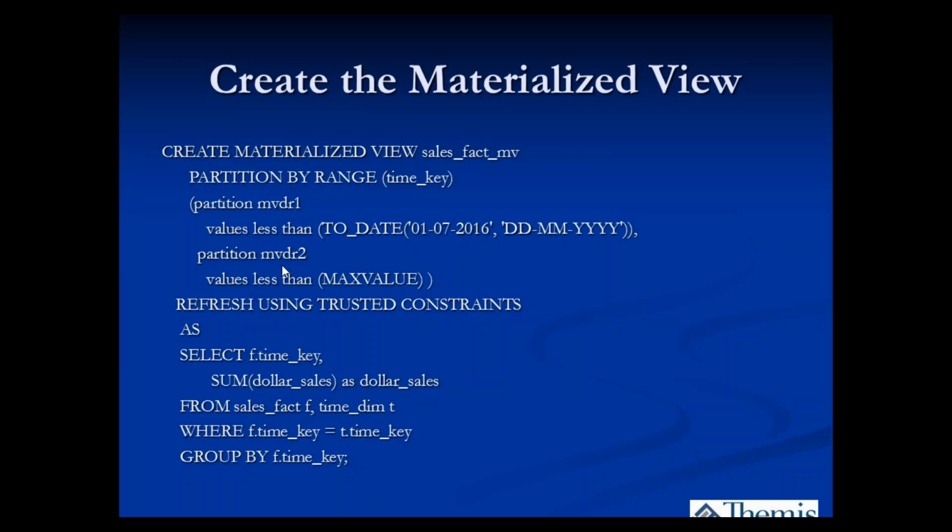Notice the partitions up here are exactly the same as my fact table. I'm doing a partition by range on the time key. I have two partitions just like the fact table. That's important. The materialized view has to be partitioned the same as the fact table that it's based upon.